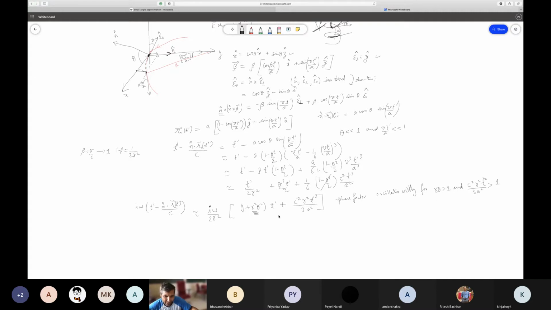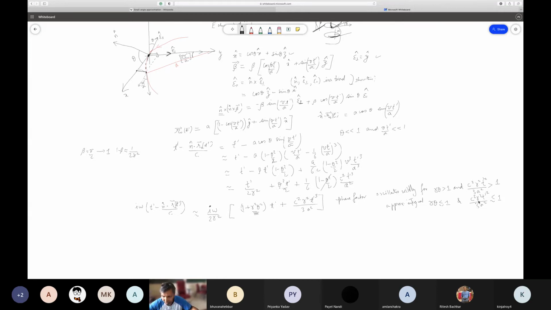So we can approximate this integral by assuming gamma theta to be small and C squared gamma squared t prime squared by 3A squared also less than or equal to 1.